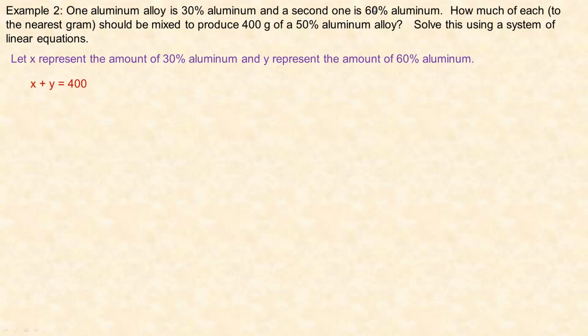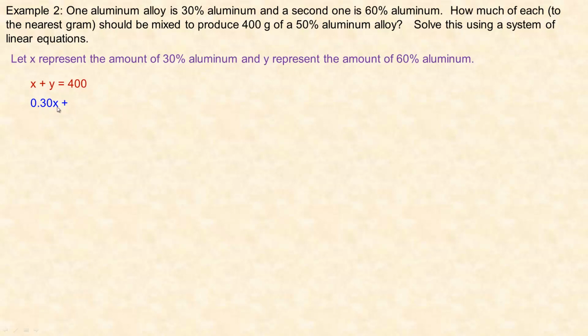Very similar to the values of the coins in the first example. The amount of aluminum in the final product comes from some aluminum from this one and some aluminum from this one. X is the number of grams of the 30% aluminum part that we're mixing.